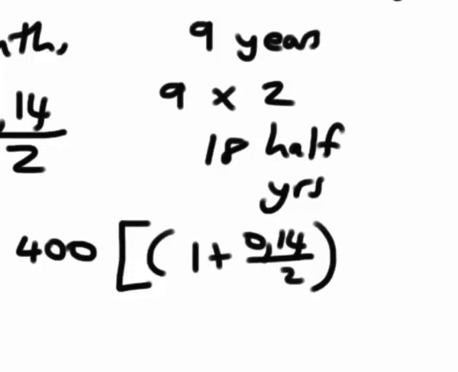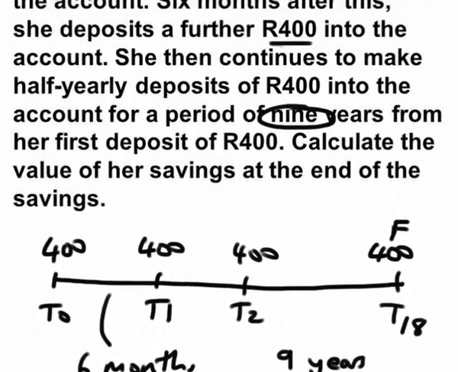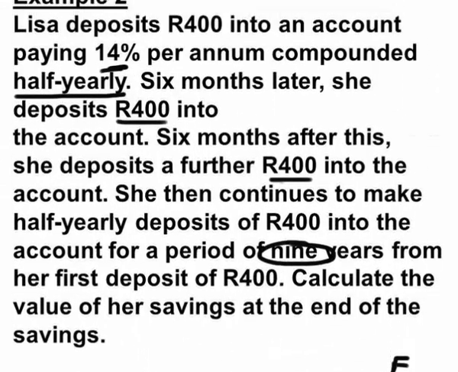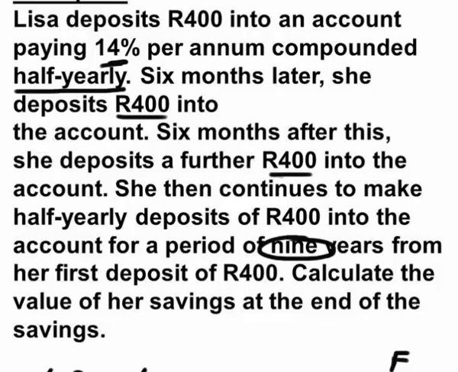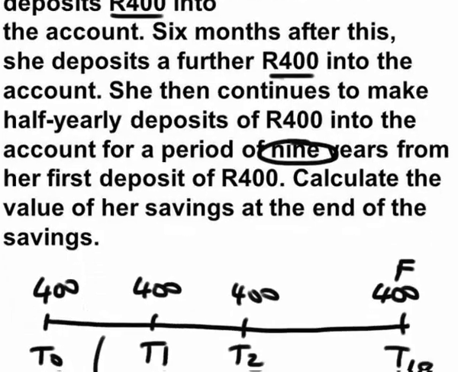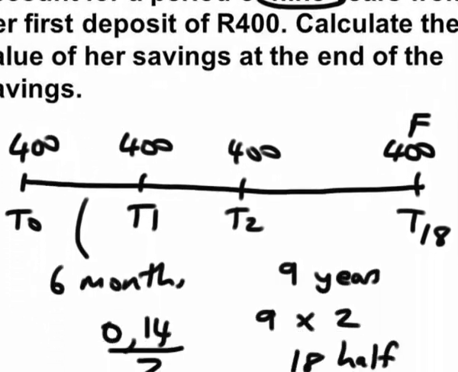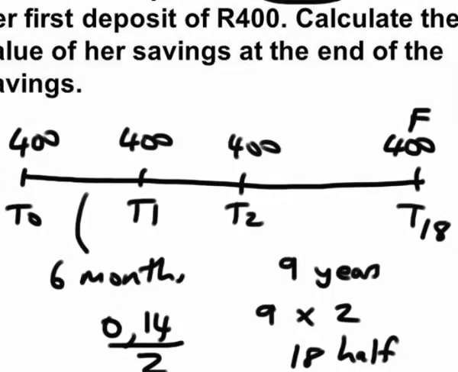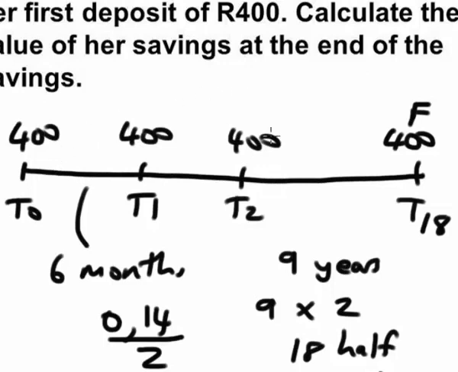Now go back to the timeline. Let's read that again. She puts 400 Rand into an account paying 14%. We've sorted this. 6 months later, another one, and so she goes on. And now watch this. She continues for 9 years from her first deposit. So 9 years would be 18 half years, 9 times 2.